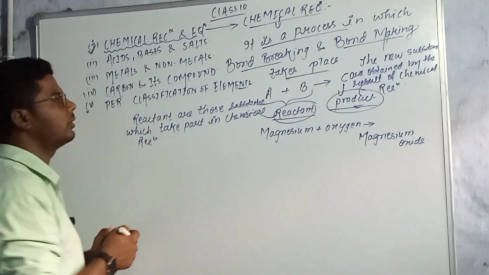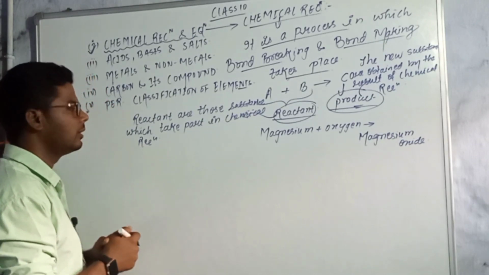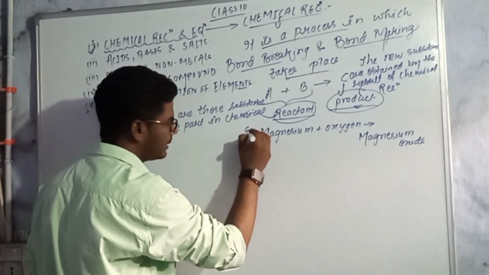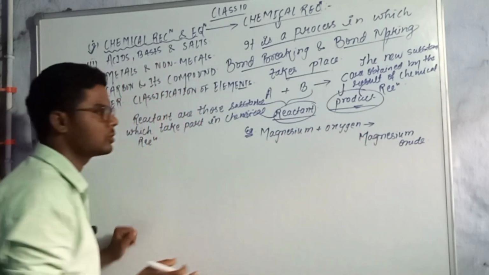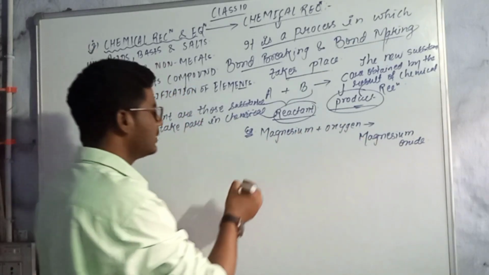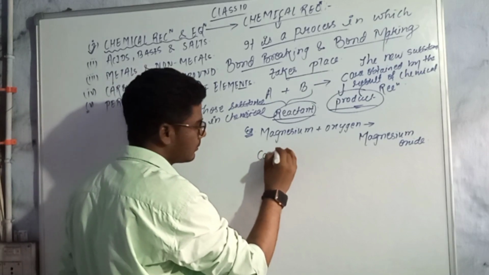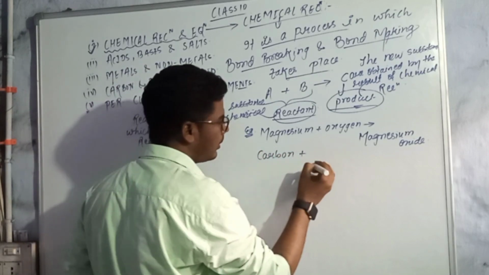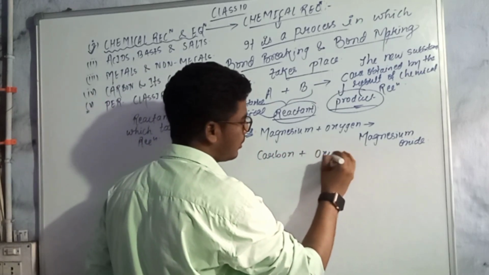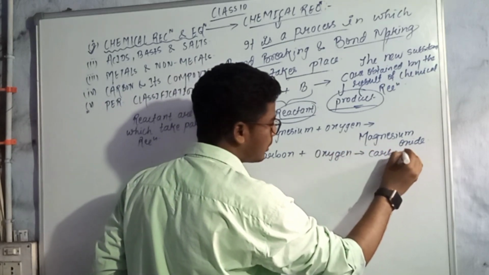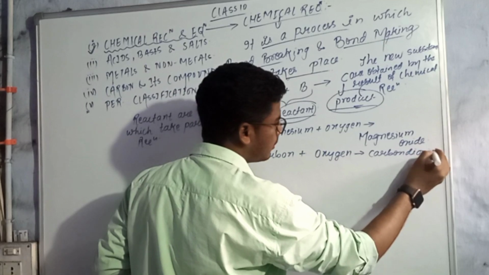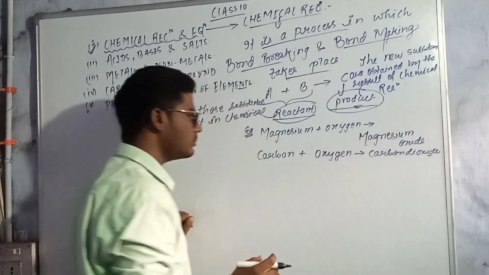When we talk about a chemical reaction, one example is magnesium plus oxygen equals magnesium oxide. The second one is carbon plus oxygen equals carbon dioxide.